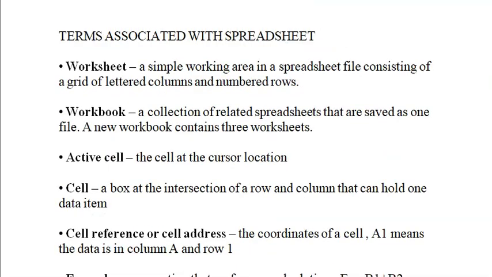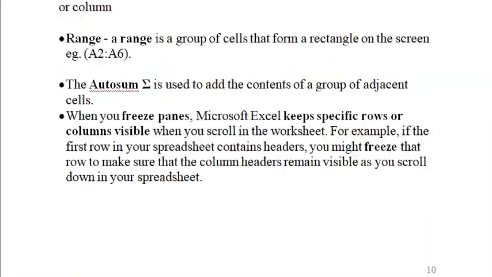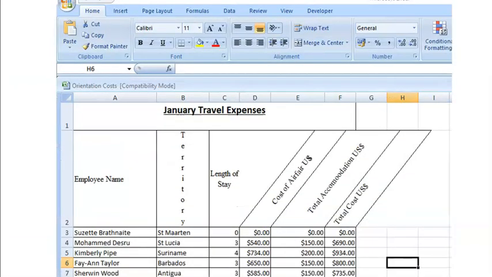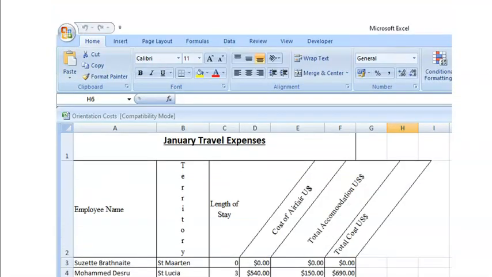Let's go back up. It says a workbook is a collection of related spreadsheets that are saved as one file. A new workbook consists of 3 worksheets. So once you open up Microsoft Excel, it opens into a workbook. It will say at the top Microsoft Excel, and once you give it a name, you will save that workbook as a particular name.